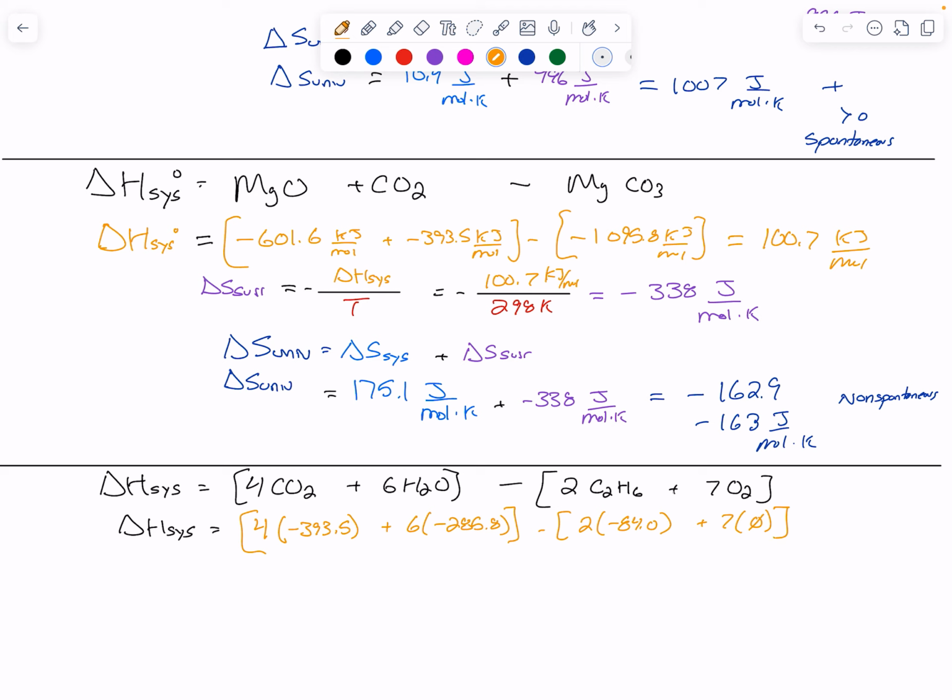For delta H, if we do this all out, I think we get negative 3,121 kilojoules per mole.